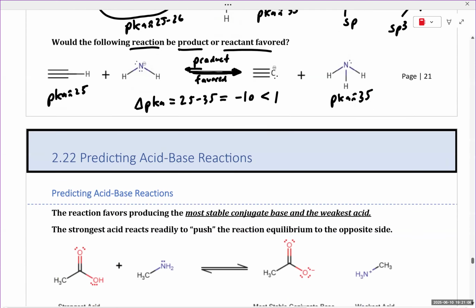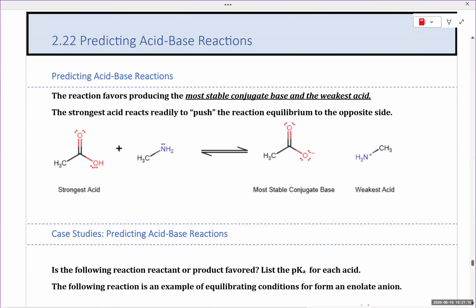Let's talk now about how we can apply all of this to predict the outcome of acid-base reactions. As a general rule, the reaction favors producing the most stable conjugate base and the weakest acid. You can think of it as the fact the strongest acid reacts readily to push the reaction equilibrium to the opposite side.